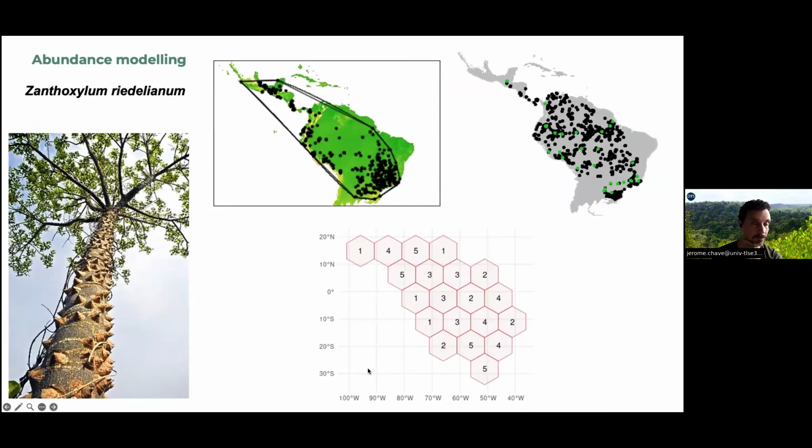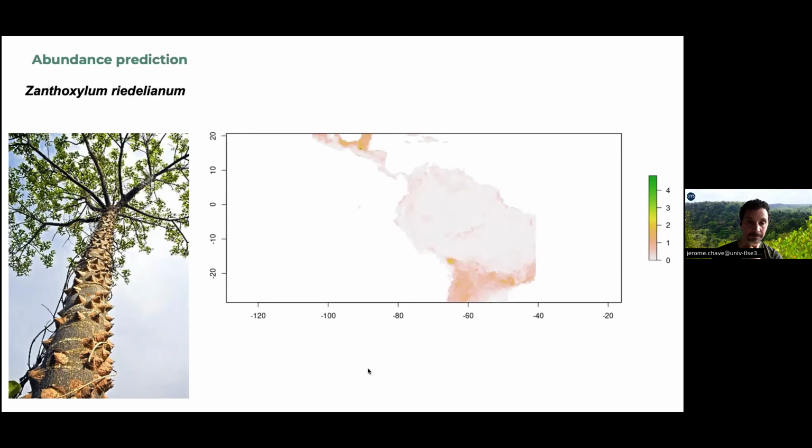A concrete example is the species Xanthoxylum rhoifolium, which is a dry forest species, a rather fast-growing species in the Rutaceae, with a very nice, distinctive trunk with spikes. It occurs all across from Central America to the southern part of South America, so it's a good example with which we can test our case.